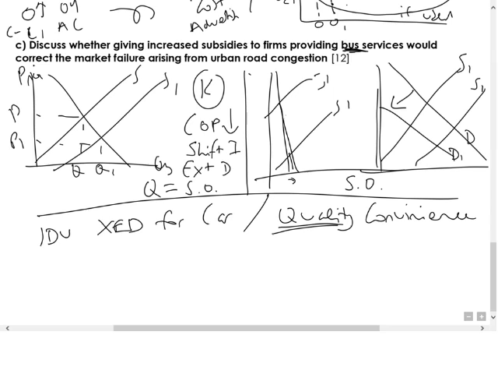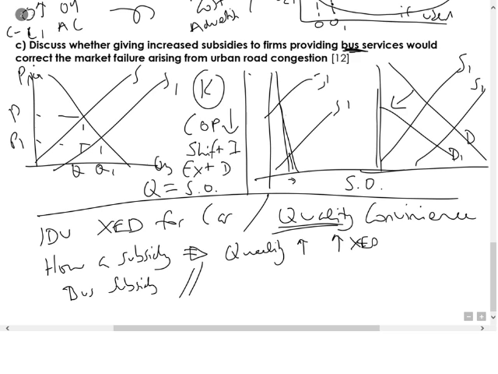So it may depend upon how a subsidy is spent, and it might be that you look at spending that subsidy on improving the quality of buses, and if you improve the quality that might increase the cross elasticity and make the bus subsidy more effective.